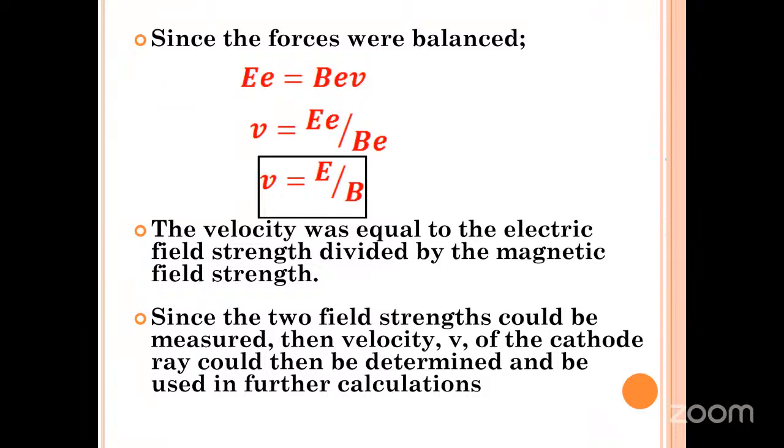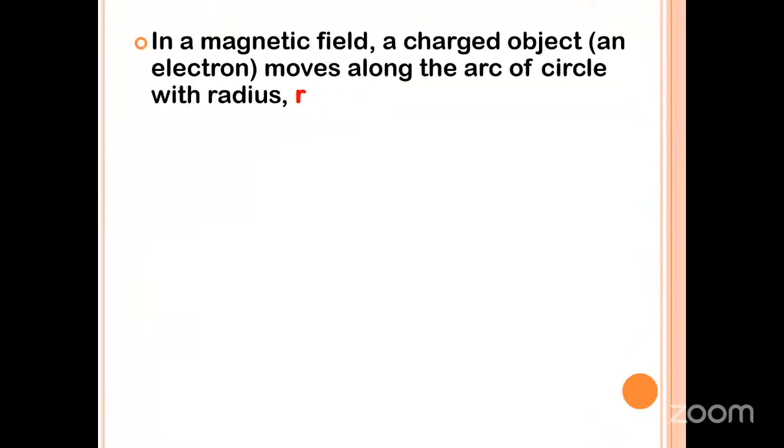If you know any two in this equation, you can calculate the third. If you know the electric field and magnetic field, you can calculate the velocity. If you know magnetic field and velocity, you can calculate the electric field. So we'll be using this in further calculations very soon. It's a pity that our time is going, but we'll try and make something.